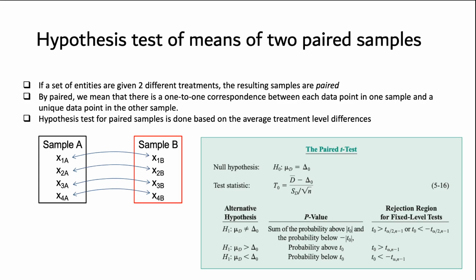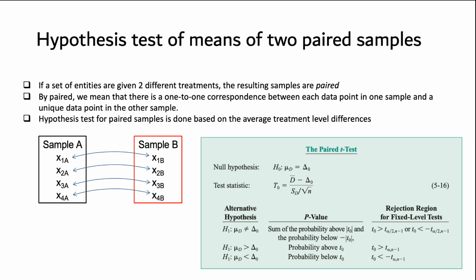To calculate d bar, first we need to find the difference x1b minus x1a, then x2b minus x2a, and so on. The differences are summed up and then divided by 4.